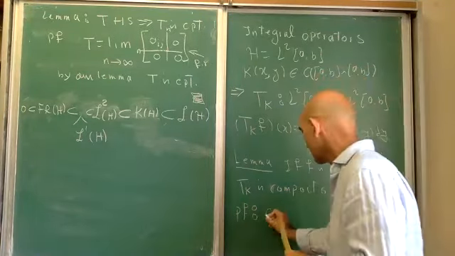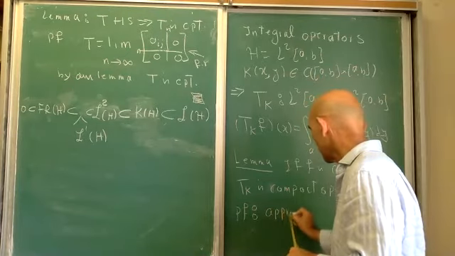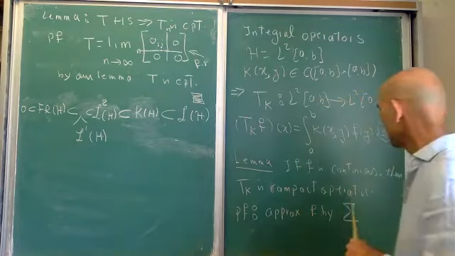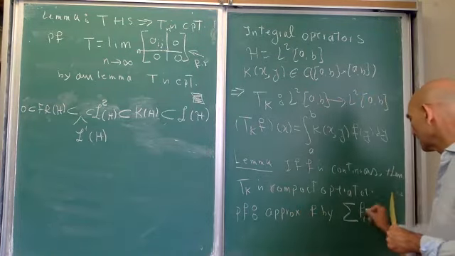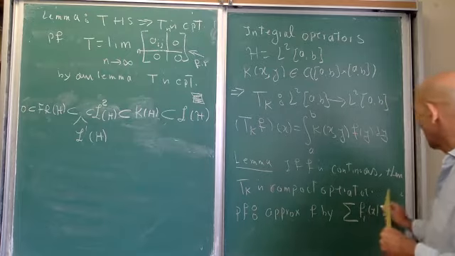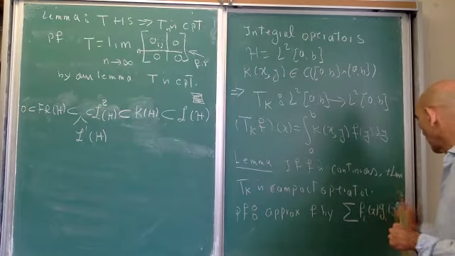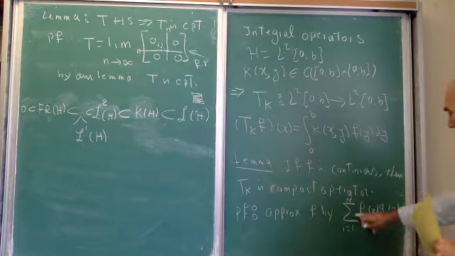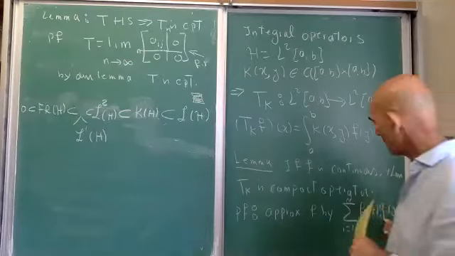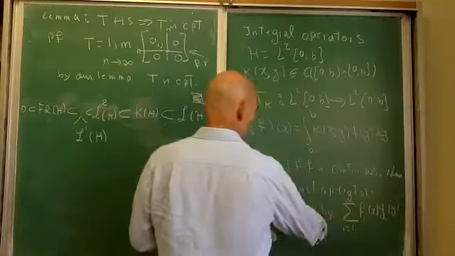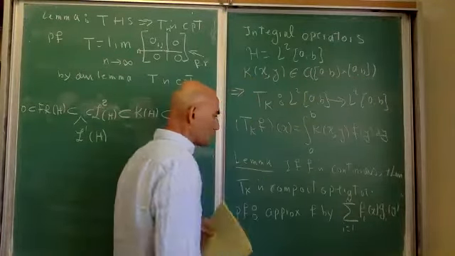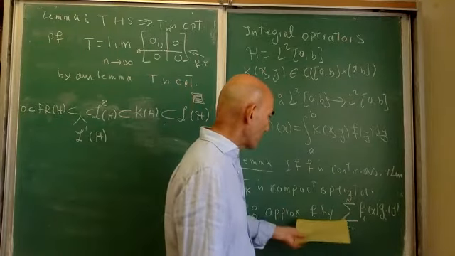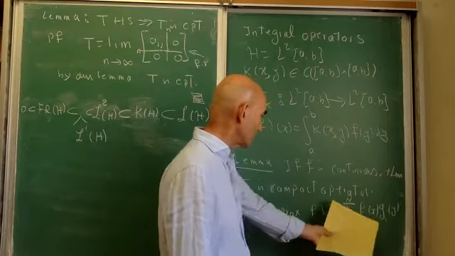So approximate K by functions of this form, sum of f_i of x times g_i of y, i from 1 to n. We can do that using basic approximations, and this is quite obvious.